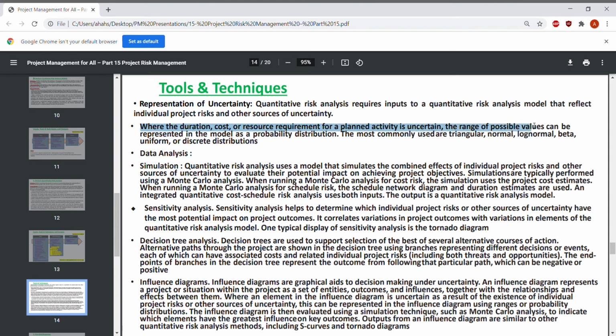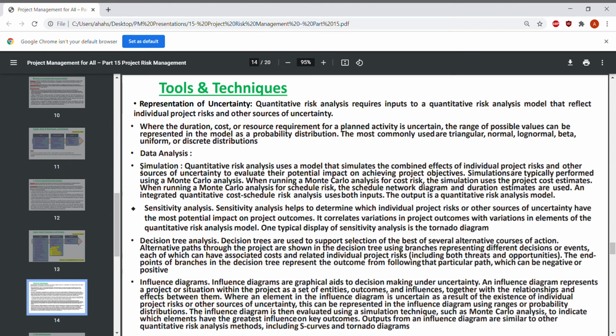The range of possible values can be represented in the model as a probability distribution. The most commonly used are triangular, normal, lognormal, beta, uniform, or discrete distributions. And you could always Google these and read about them.